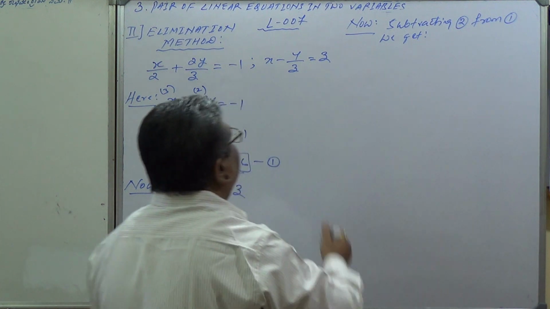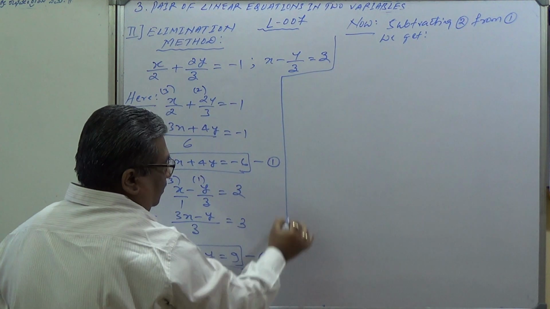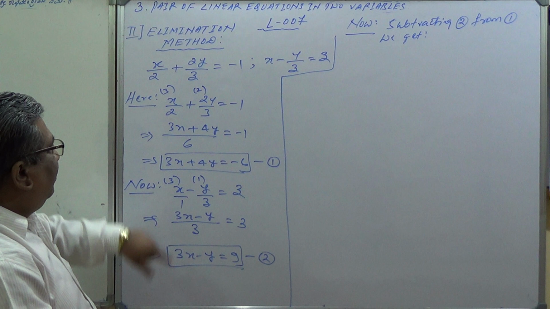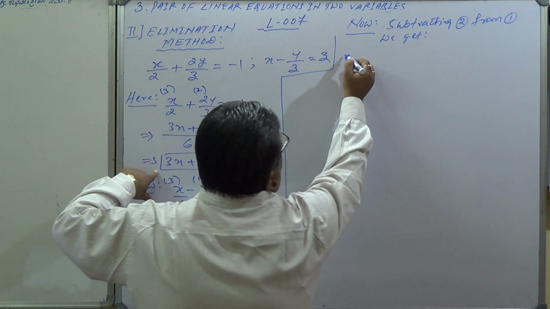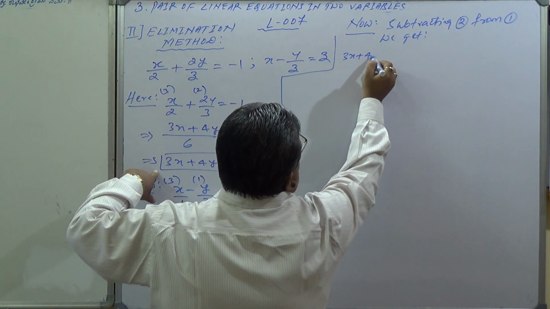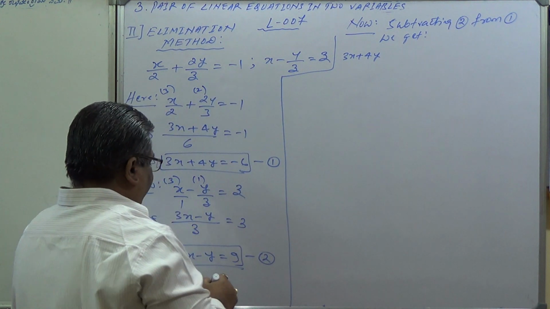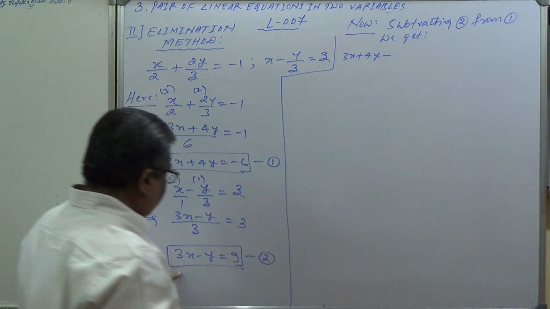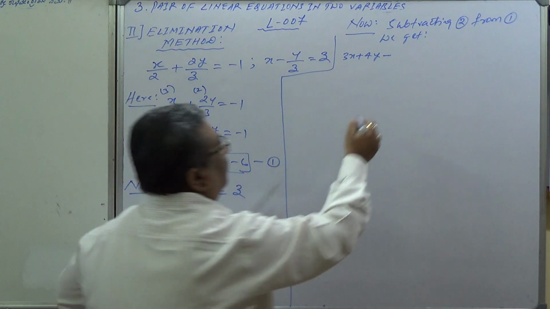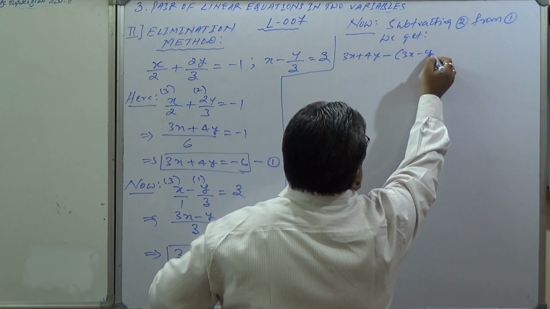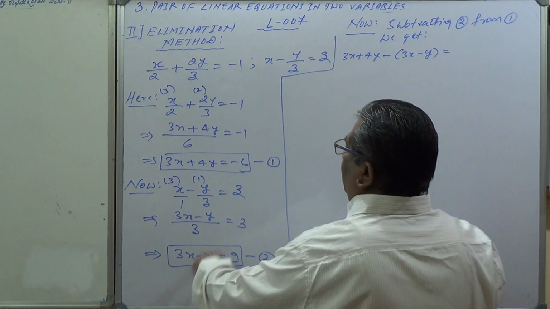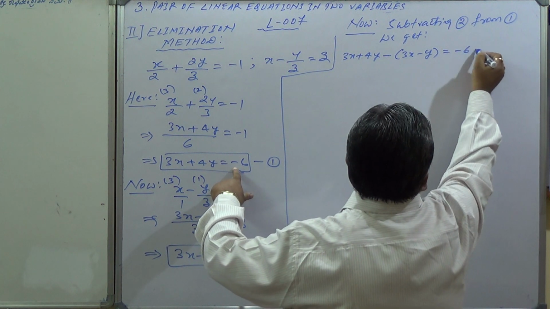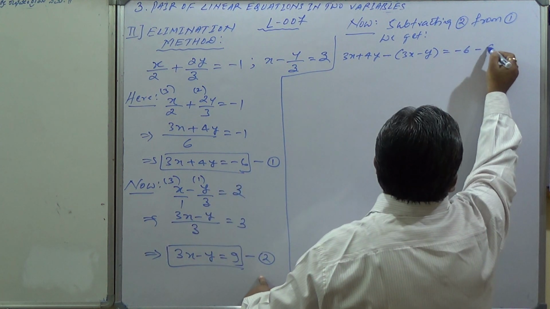So we get here 1 minus 2, it is 3x plus 4y minus 3x minus y equals minus 6 minus 9.